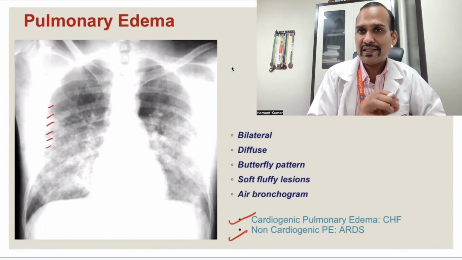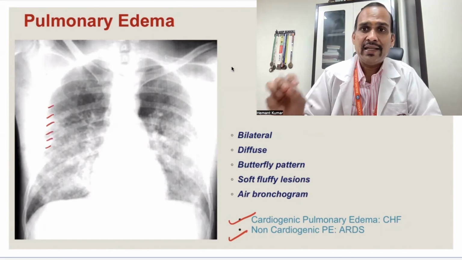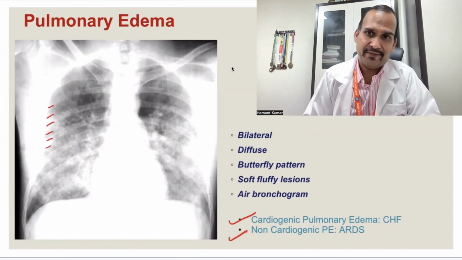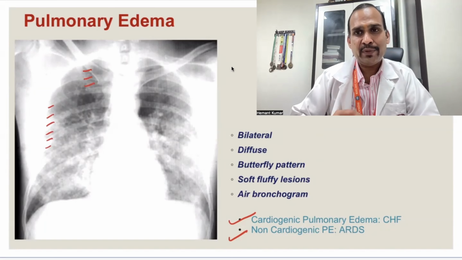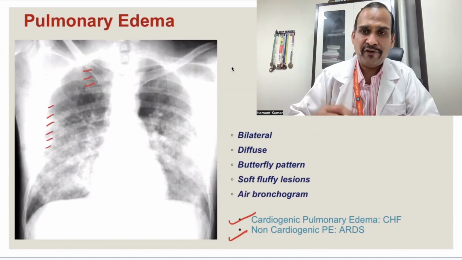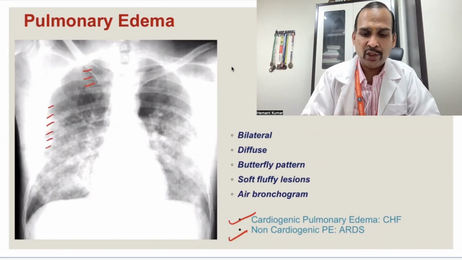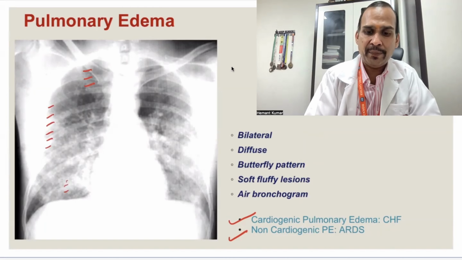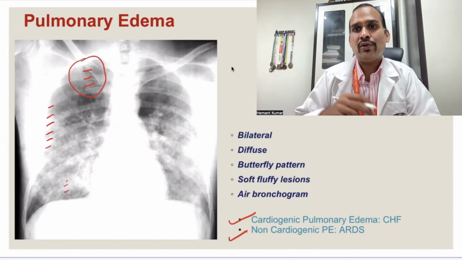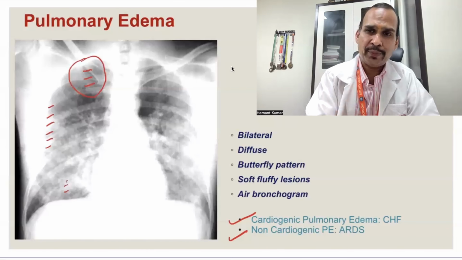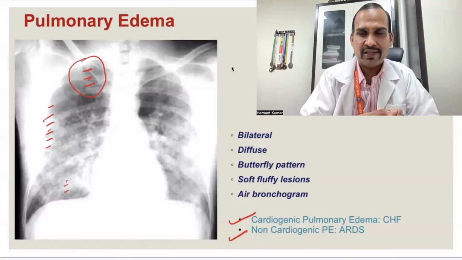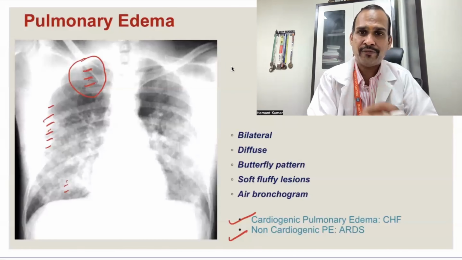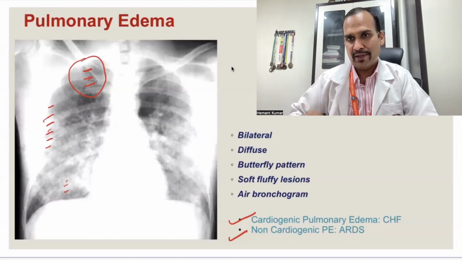In a normal X-ray, because of gravity, you find a lot of reticular pattern in the lower lobe, but in the upper lobe you cannot appreciate it. So if you appreciate a reticular pattern in the upper part, also called cephalization of blood vessels, this is an early sign of cardiogenic pulmonary edema.